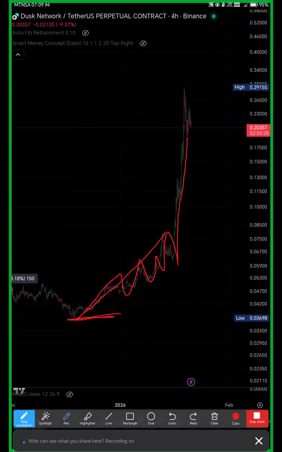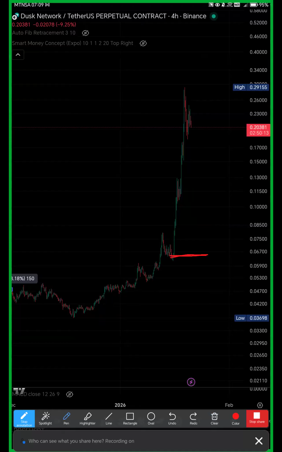Then it went all the way there. Okay, so this coin has been on an uptrend for some time. Okay, but I think it went rapidly from here. From here, it went rapidly because there was less selling, right?